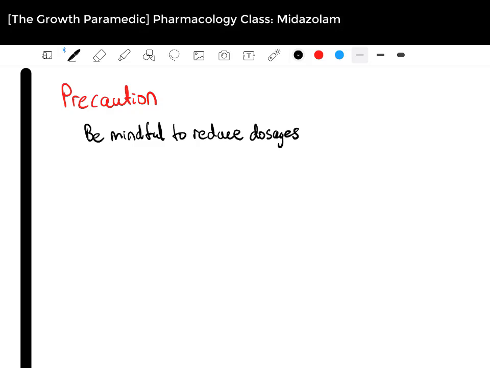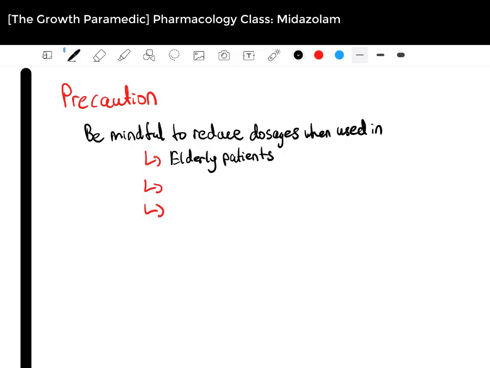Please be mindful to reduce the dosages when used in the following groups, and they all have their different reasons for it, but generally you should be mindful if you're going to use it for elderly patients because of their older age. They usually have chronic conditions and they usually have increased sensitivity, leading to more adverse effects.